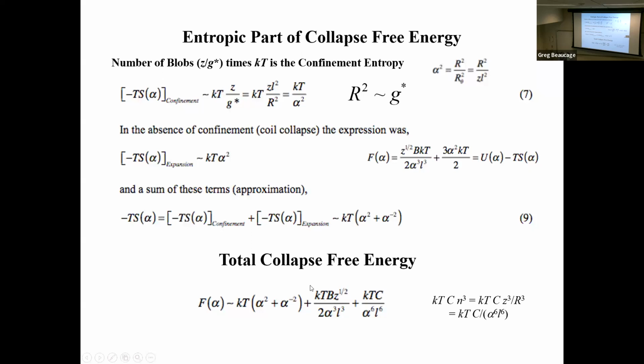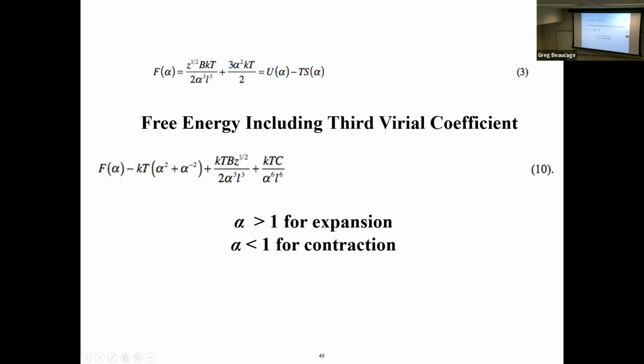So you have the second real coefficient, which is the thing we already had, which you wrote as alpha cubed. The third is this alpha 6 thing. Then you have this term for the ideal behavior of the thing. So you just have 4 terms instead of 3. And then you do the same thing. You do the derivative of this free energy with respect to alpha, set it to 0, and then solve for the coil expansion of the thing, or R. But alpha is the ratio of R's.